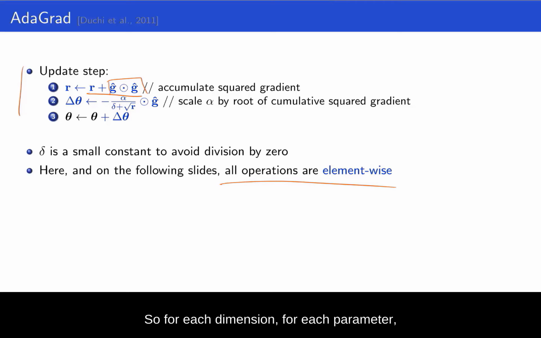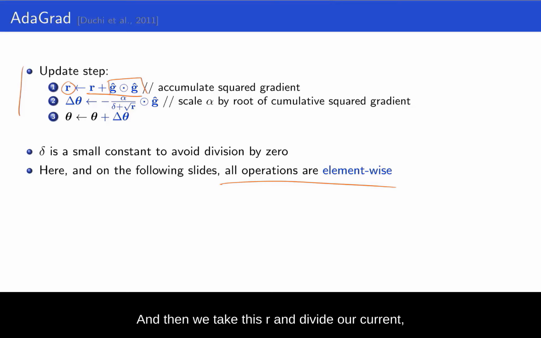So for each dimension, for each parameter, we take the square of the current gradient and add it to this vector r. So there we accumulate the squared gradients over all our steps, and this is not dampened or anything. We just add to this. So r only keeps growing because the squared gradient is never negative.